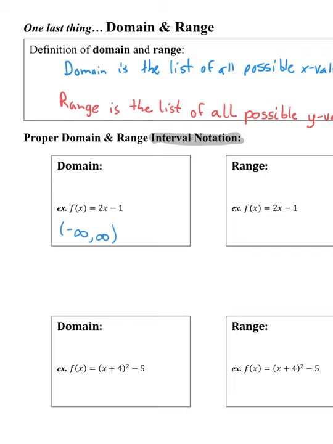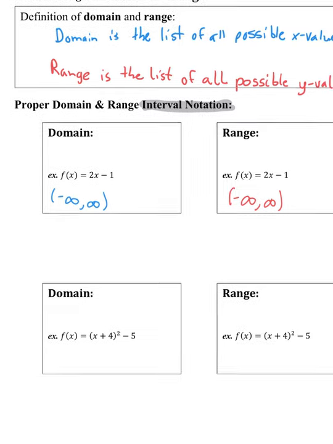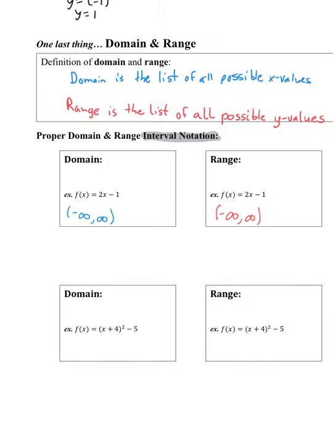And brackets mean that I'm including the number. Parentheses mean I'm not including that number. And with infinities, we always use parentheses. The range for a linear function is also always going to be all real numbers, -infinity to +infinity. That's always true for domain and range of any linear function, always. You can always say all real numbers and be correct. Or -infinity to +infinity and be correct.